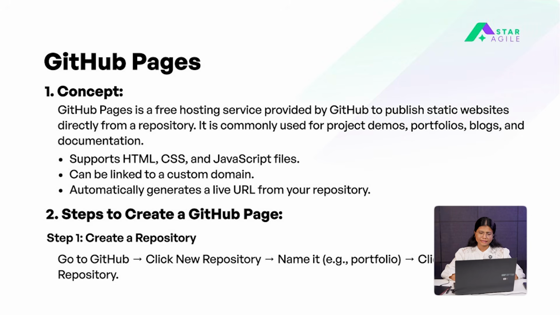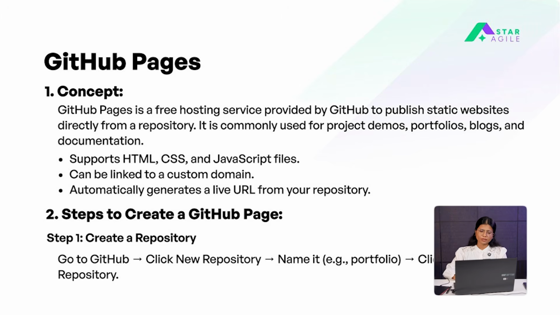It supports HTML, CSS, JavaScript files, and many more. It can be linked to a custom domain. You can customize it, there's no restriction. You can also automatically generate a URL from your repository. So you need not go to a different website and create it. GitHub itself is giving you the opportunity to create a static website, and it is free for you. So let's understand how exactly it will happen.